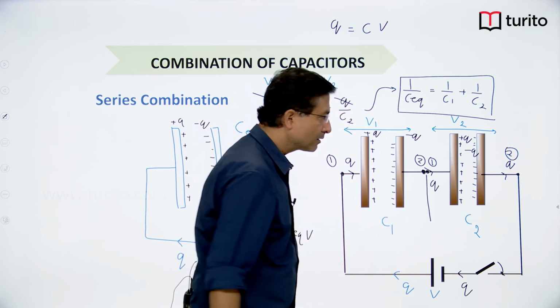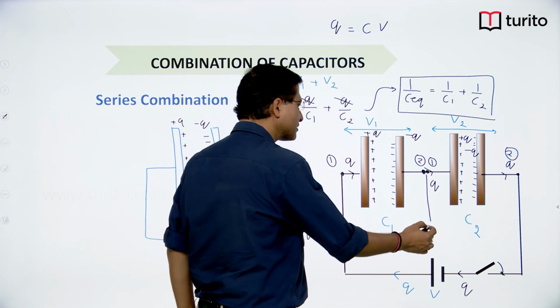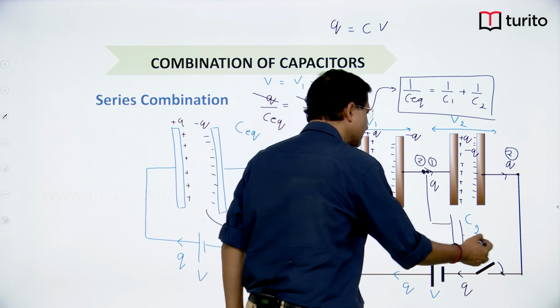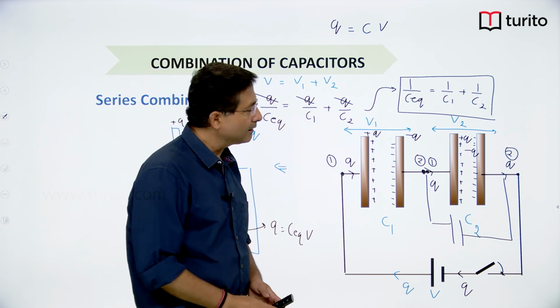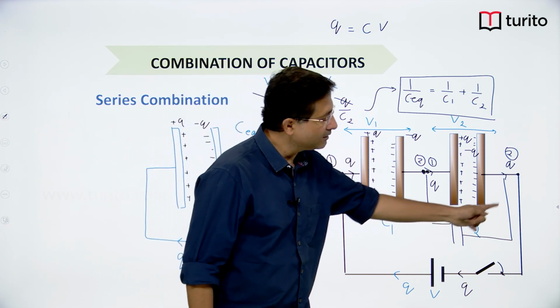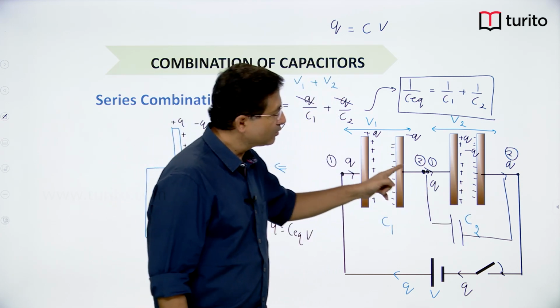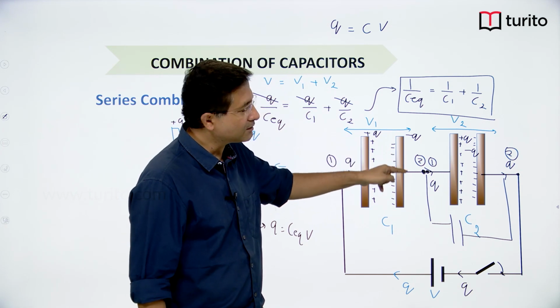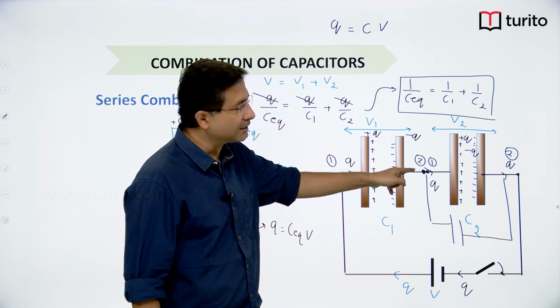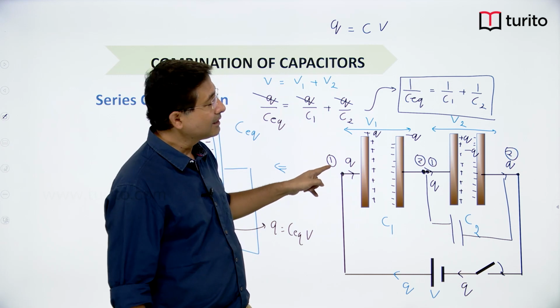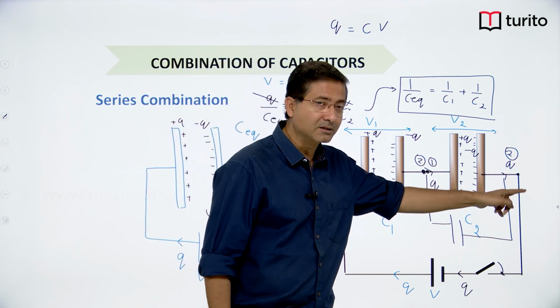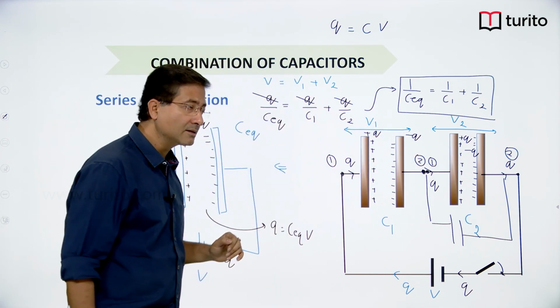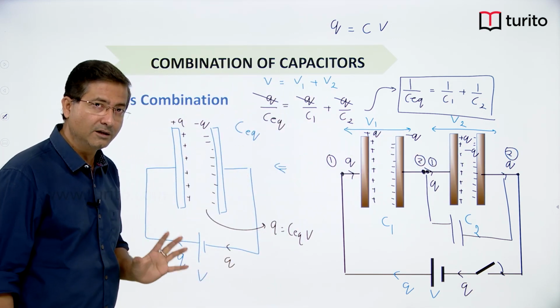if I connect any capacitor here, then they are no longer in series combination, right, because here the charge is getting divided. So, if the second terminal of the first capacitor is connected to the first terminal of the second capacitor and the first terminal of the first capacitor and the second terminal of the second capacitor are connected to some other device, then the combination is called series combination.